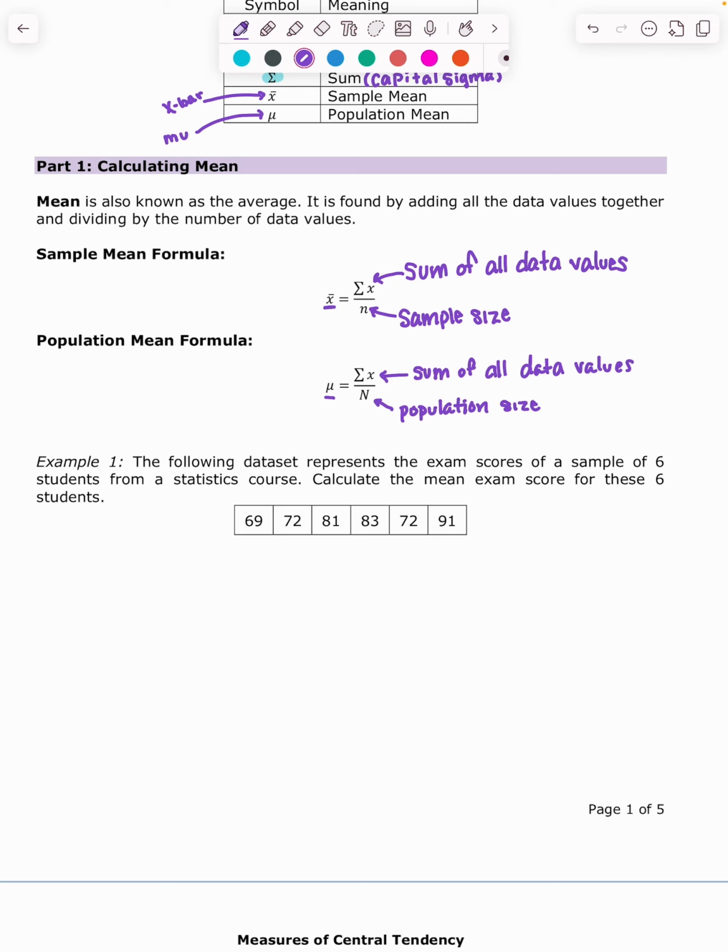So we have different symbols for the sample mean and the population mean, but the formula to finding them is really the same. You add up all the data values and you divide by the number of numbers that you just added together.